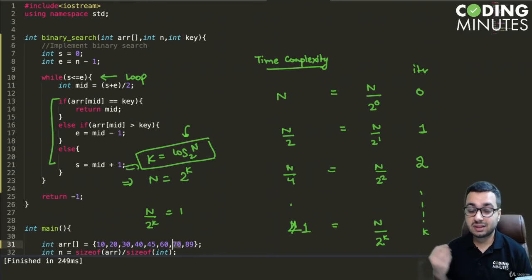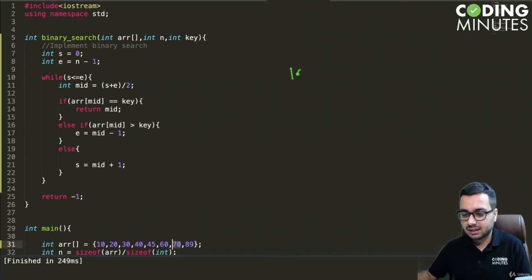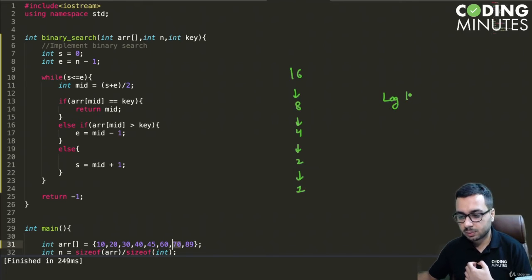So this loop is going to run log n times, and that is why you will come across the term that the time complexity of binary search is order of log n. For example, if the array is of size 16, then it will become 8, then 4, then 2, and finally 1. What is log of 16 to the base 2? It is equal to 4.